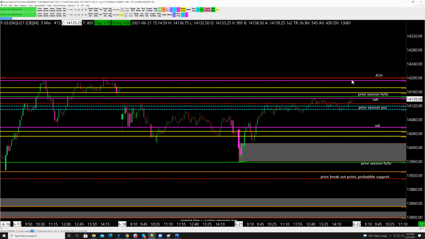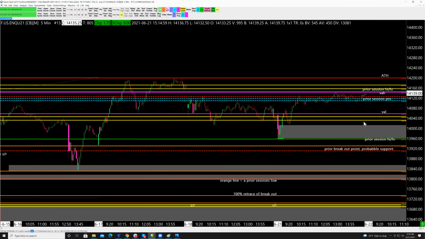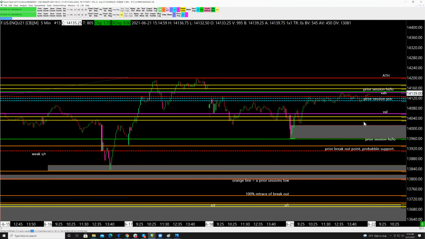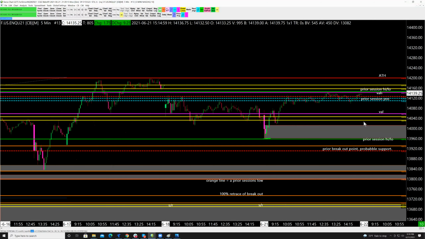This goes away. That behind. And then where's my support resistance markers? There they are. Grab it. Support resistance.